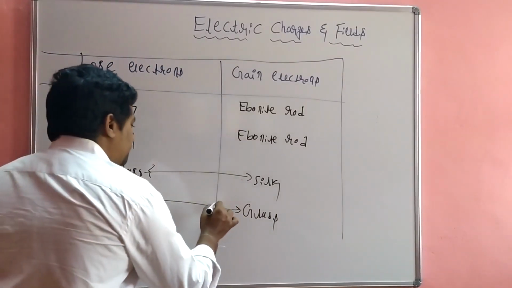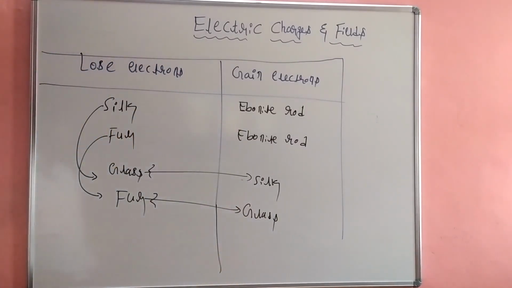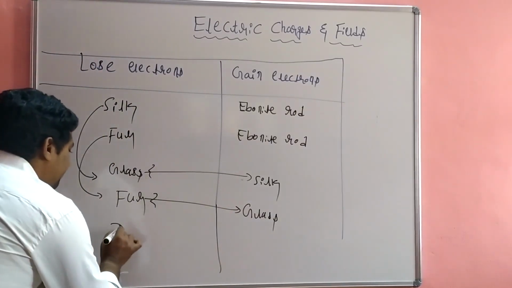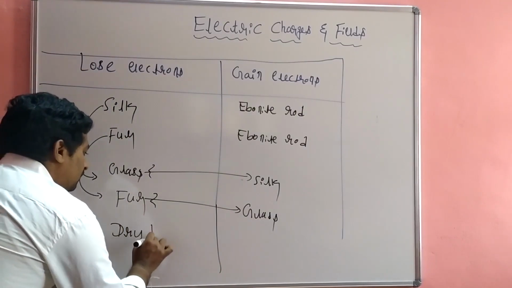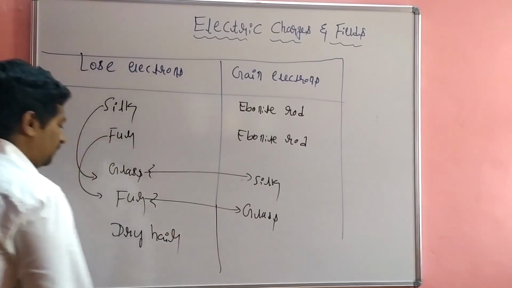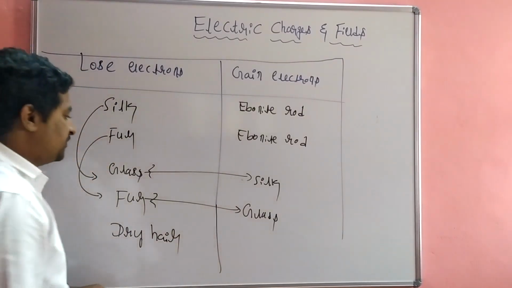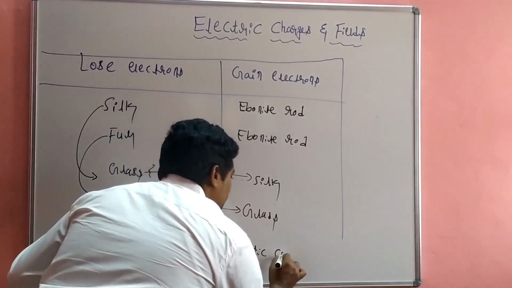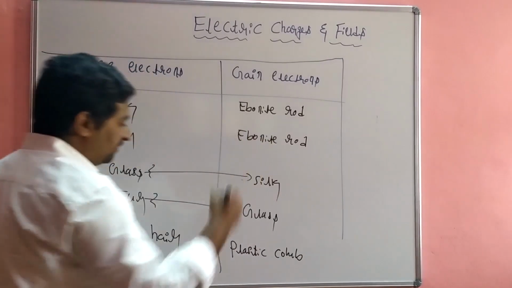Then the plastic comb is rubbed with dry hair: the dry hair loses the electron and the plastic comb gains the electron.